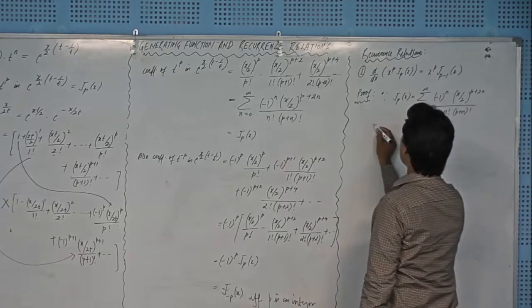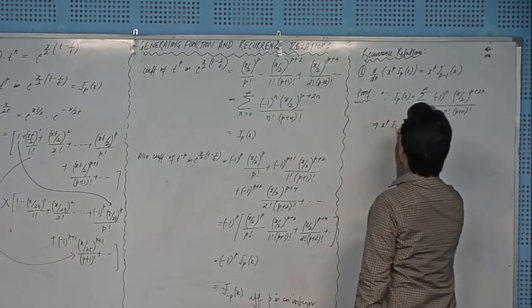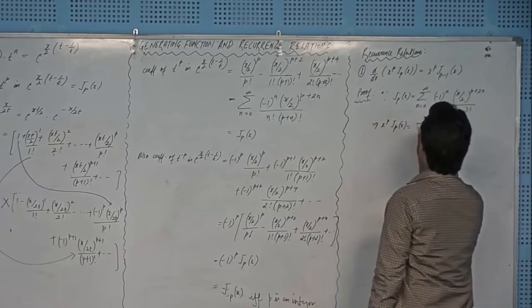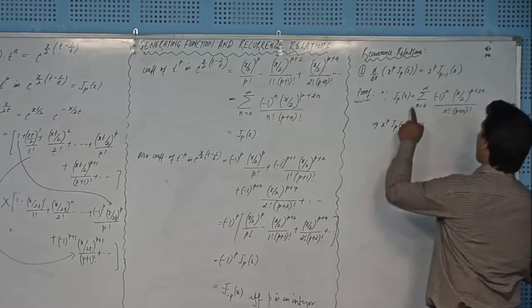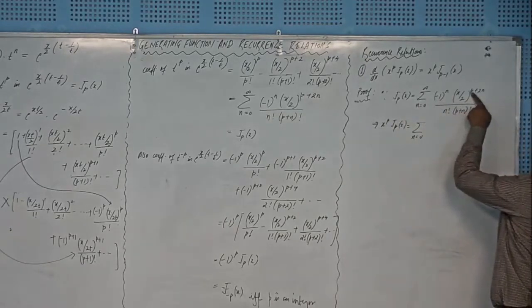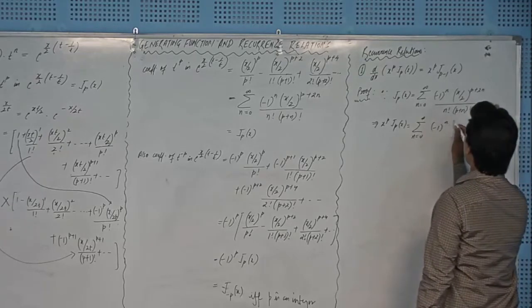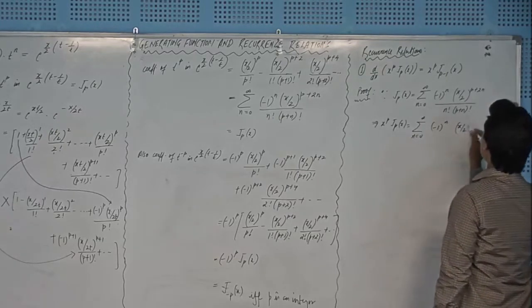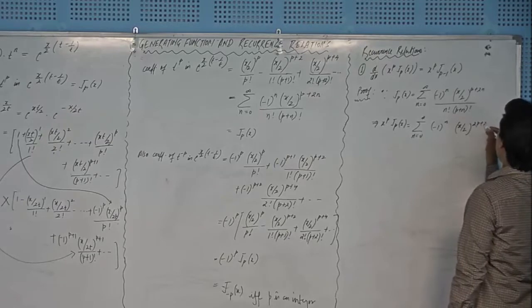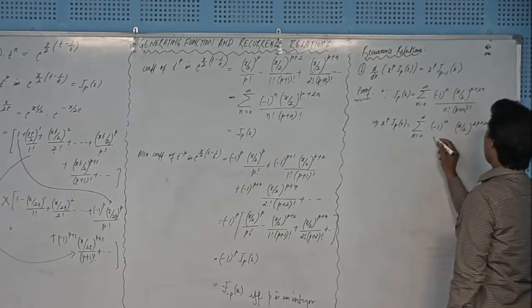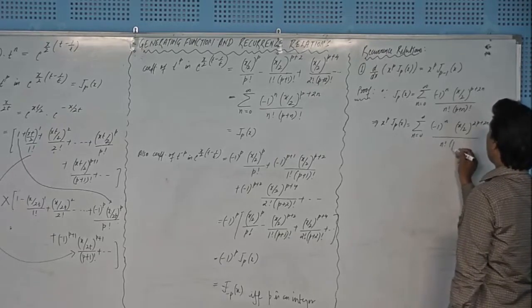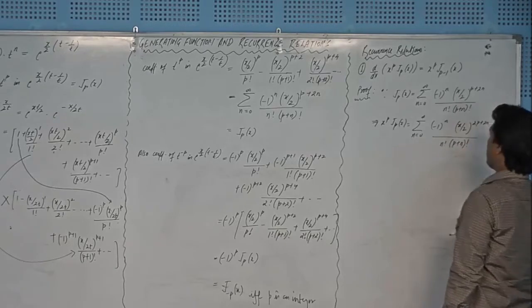So multiplying this with x to the power p, you will get summation n equal to 0. That x to the power p will go here, and that will be added to this power. So that will become minus 1 to the power n, x by 2 to the power 2p plus 2n, right? And here you will have n factorial and p plus n whole factorial.